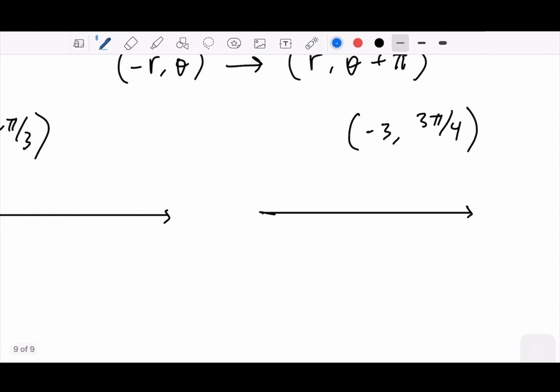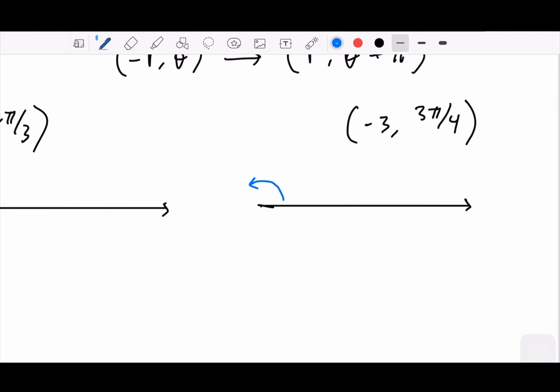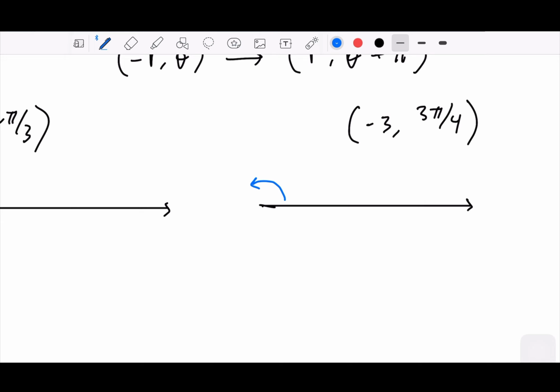So it should be going through here, 3 over 4, so maybe around here. Let's say this is 3 over 4 pi.